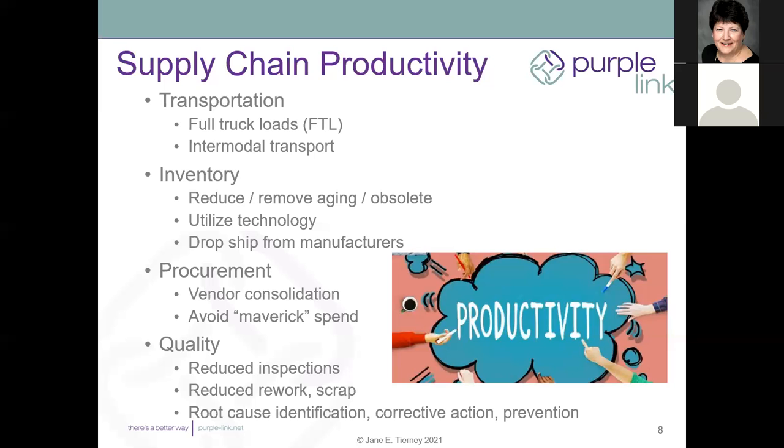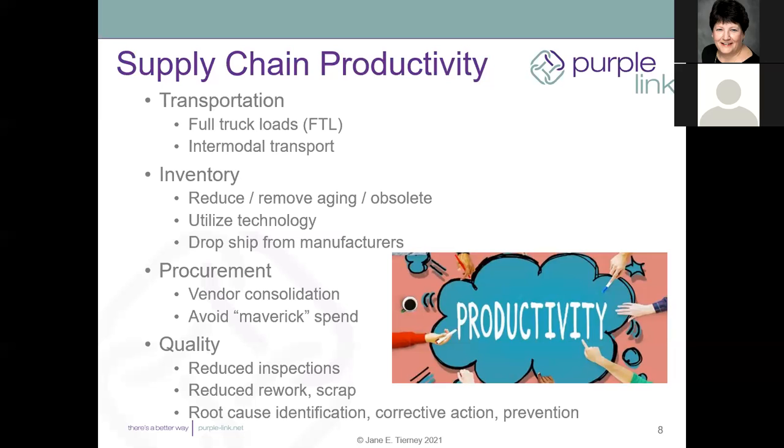And then another thing that people don't think of often, but is becoming more common, especially with the pandemic, when all of a sudden people looked at way different things they could do with their customers, is to drop ship from manufacturers. So if your suppliers are making products that are pretty much sell through, and maybe you in the past had them come into your factory, you may have packaged or repackaged them, put labels on them, and then sent them maybe to a distributor, a retailer, or directly to customers.